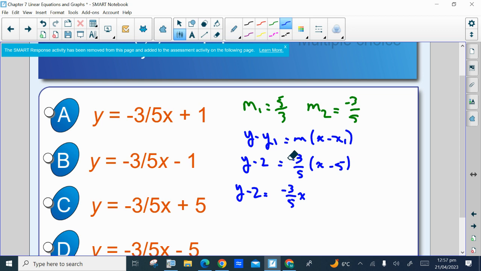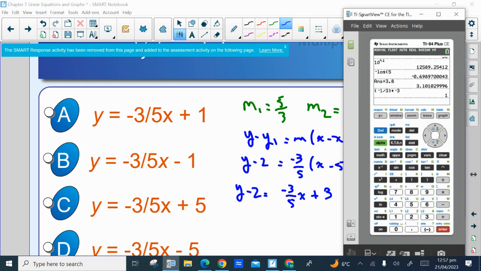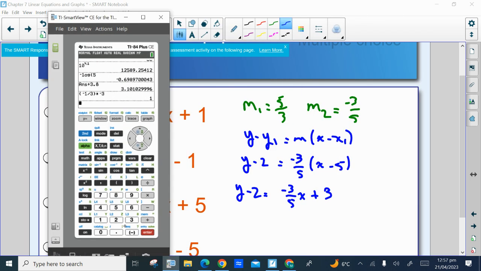When you multiply negative 3 over 5 times negative 5, a negative times a negative is a positive, and also the 5's will cancel, so you're just left with the 3. And again, you can do that on a calculator to help if you need to. In brackets, negative 3 over 5, close the bracket. That's being multiplied by negative 5. You get your answer of plus 3.